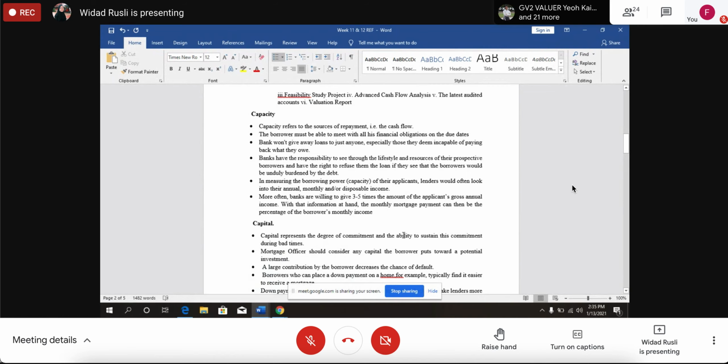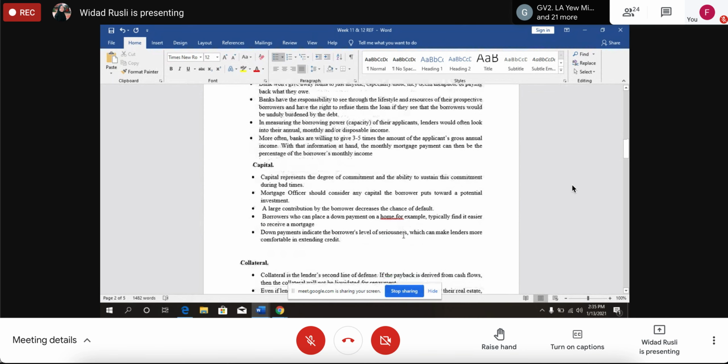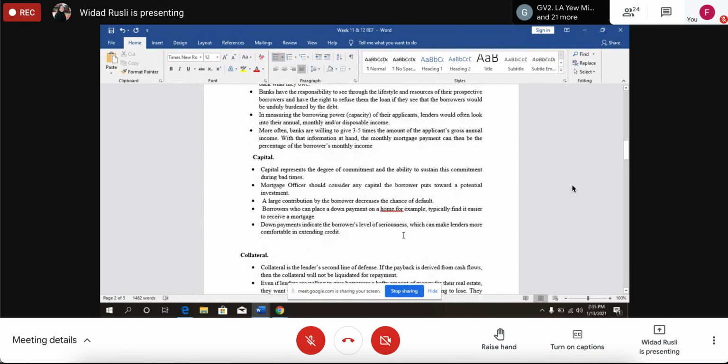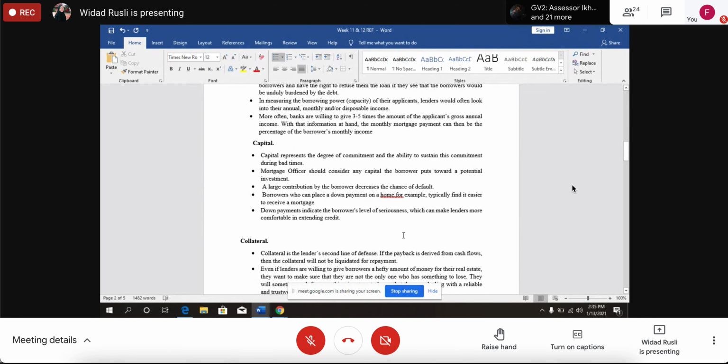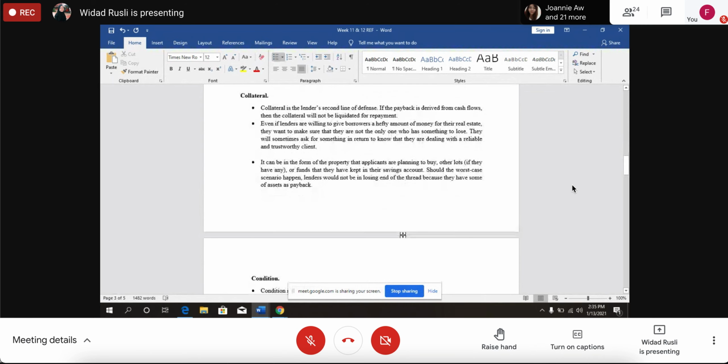Alright, for capital, capital represents the degree of commitment and the ability to sustain this commitment during bad times. Mortgage officers should consider any capital the borrower puts toward a potential investment. Collateral is the lender's second line of defense. If the payback is derived from cash flow, then the collateral will not be liquidated for repayment.